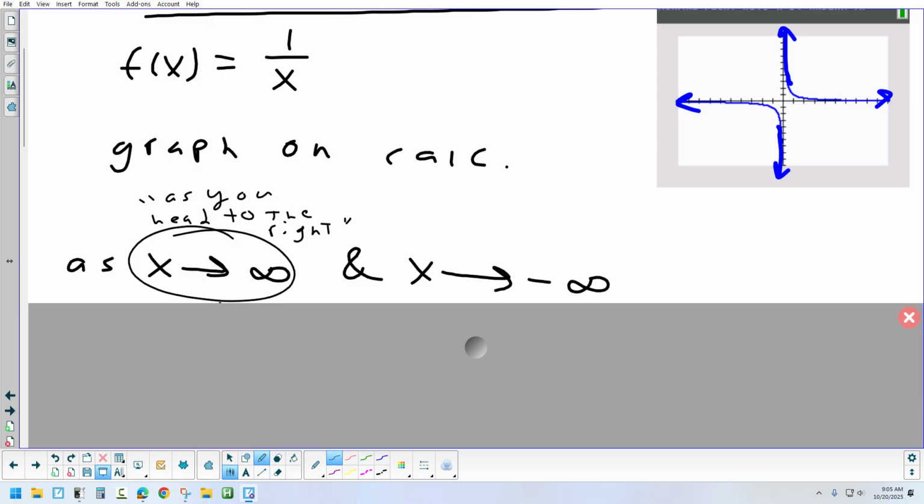Okay, that's to the right. So as you head to the right. What do you think it means if x is heading towards negative infinity? Right. As you head to the left. Okay, that's what those 2 things mean.